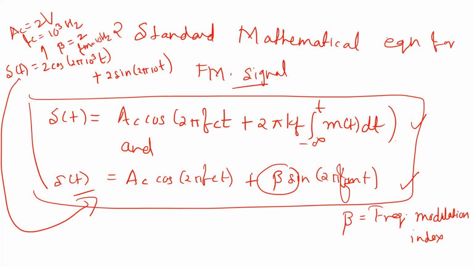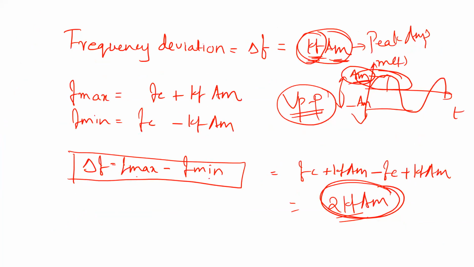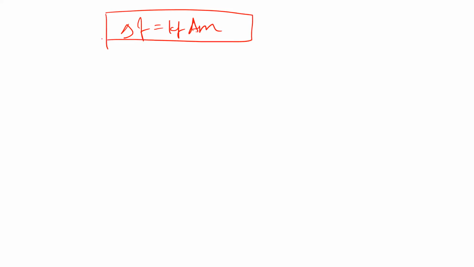Correct. What is the value of frequency deviation, del F? Del F is given as KF into AM.